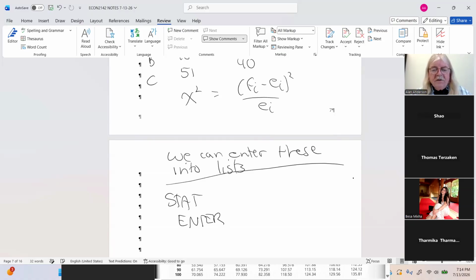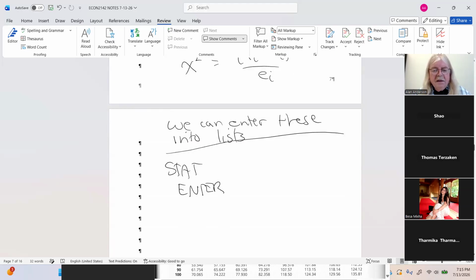And you're in the lists. Now, what you're going to do is put the observed frequencies in list one, and in L2, you're going to put the expected frequencies, observed and expected.